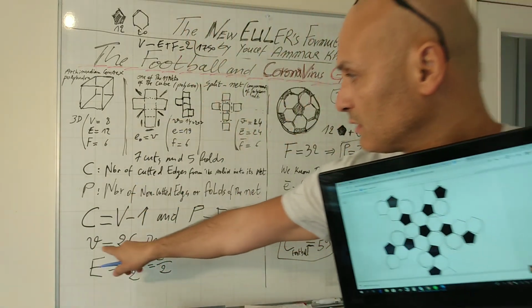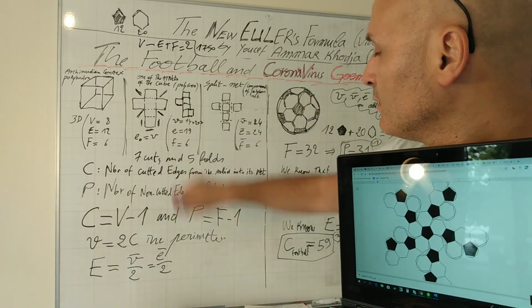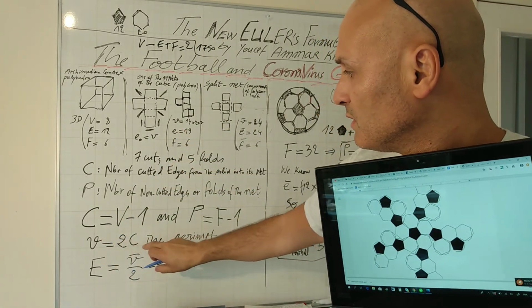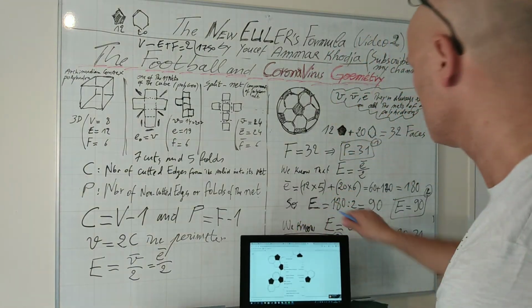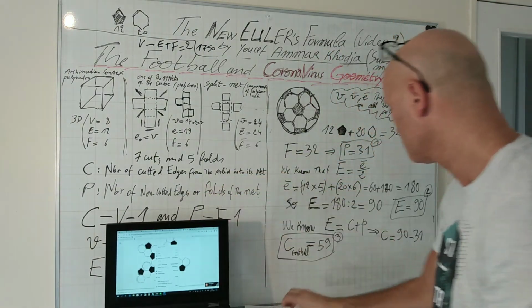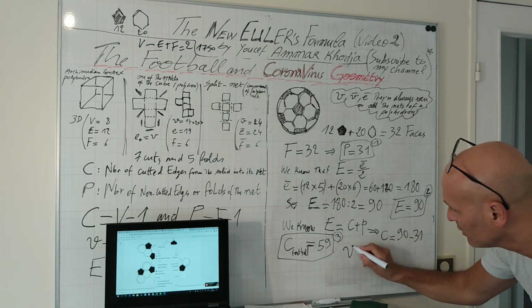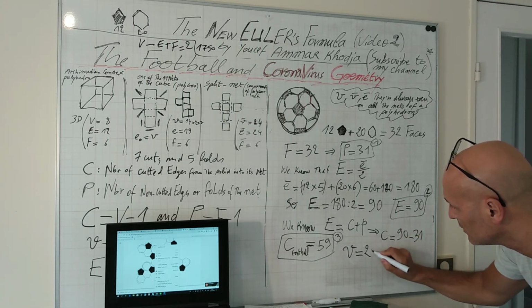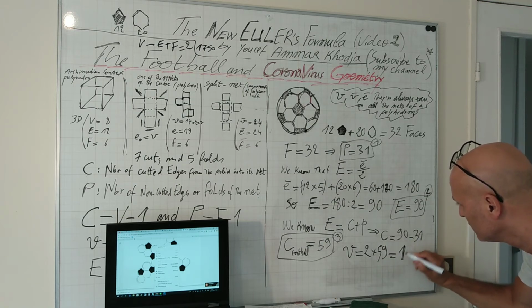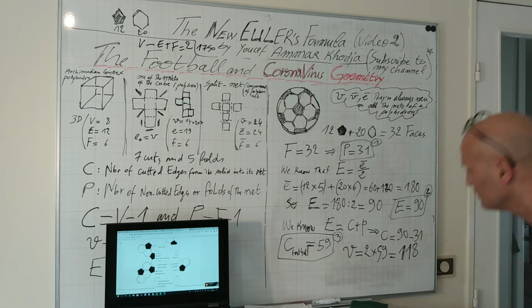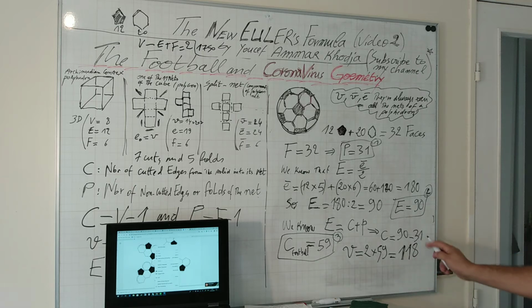So V, what I call V here, equals 2 times the number of cuts, which is the perimeter. So from here, V equals 2 times 59, which is 118. V equals 118. Result number 4.